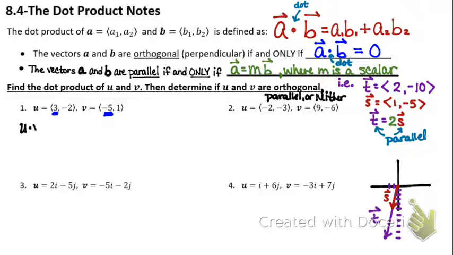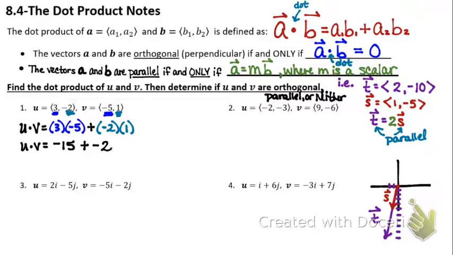So for u dot v, I'm going to do 3 times -5 plus, and then we multiply the y parts of the components together. -2 times 1. What's 3 times -5? -15 plus -2 times 1? -2. So u dot v would be what?